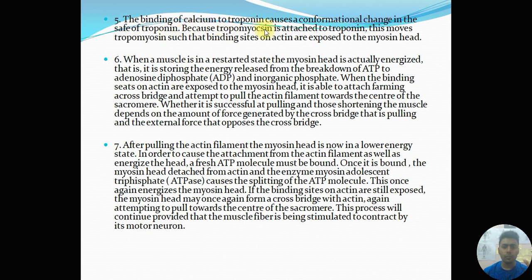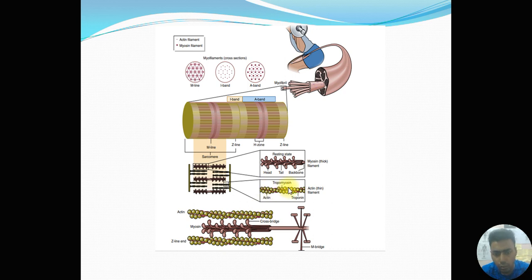Because the tropomyosin is attached to the troponin, this moves tropomyosin such that binding sites on actin are exposed to the myosin heads. So what does it mean? It means that when calcium ions bind with troponin, a conformational change happens in the actin filament, and the binding sites for the myosin head get exposed.